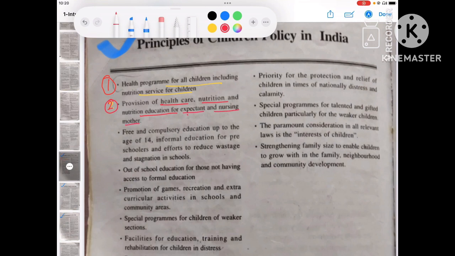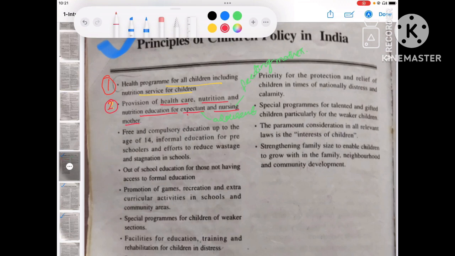What is a nursing mother? A nursing mother means a feeding mother. Okay, so a feeding mother we can call a nursing mother. Then those who are expectant, we can say expectant means the children who are adolescents. So that is the second principle.